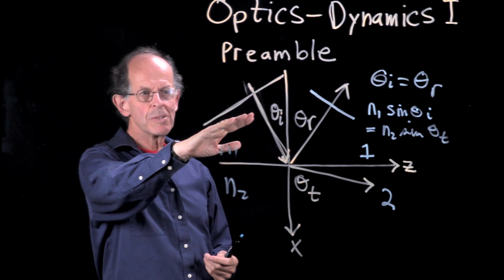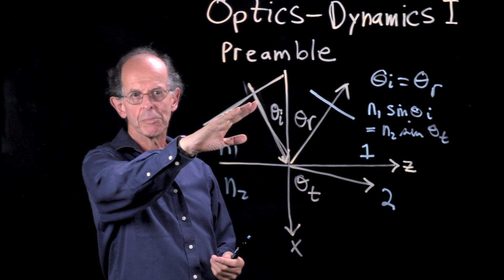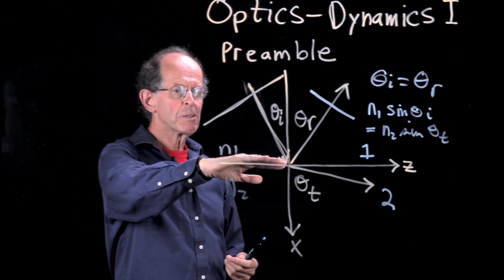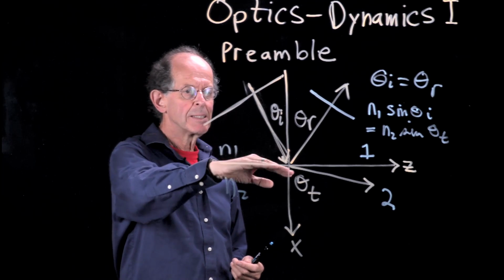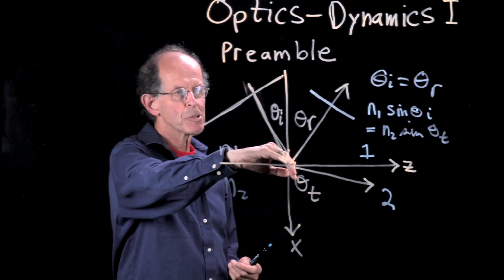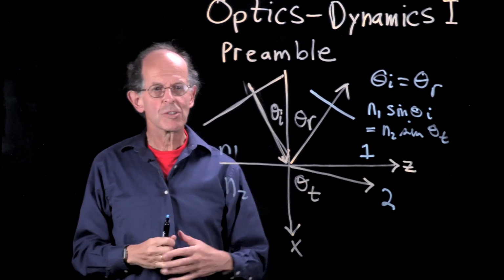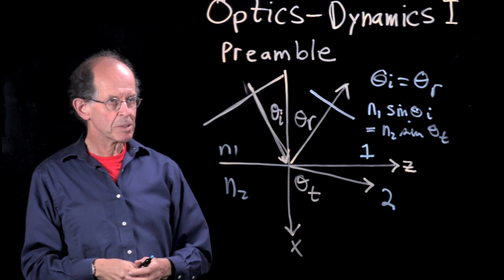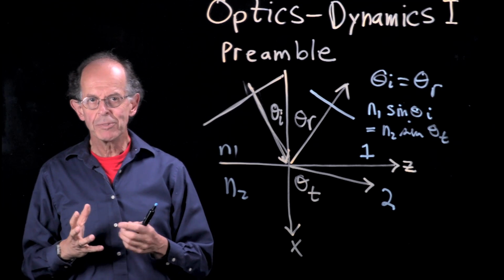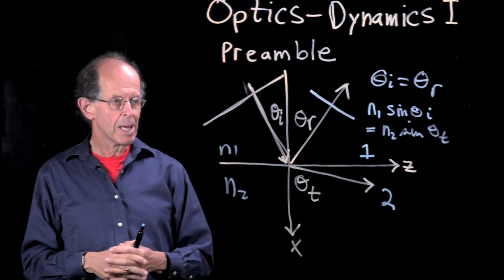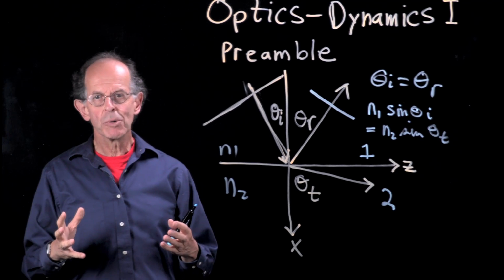And we're going to do that starting with the incident plane wave. And then we have to figure out how much of that amplitude is associated with reflection and how much of it is associated with transmission. To do that, we have to do something called boundary condition matching. And we'll look at that in more detail.